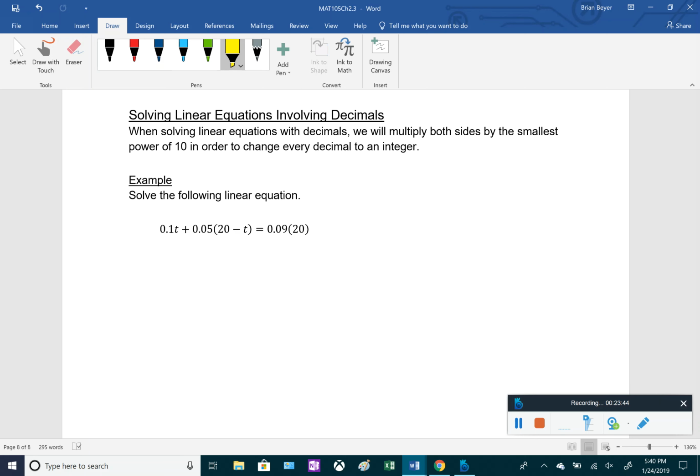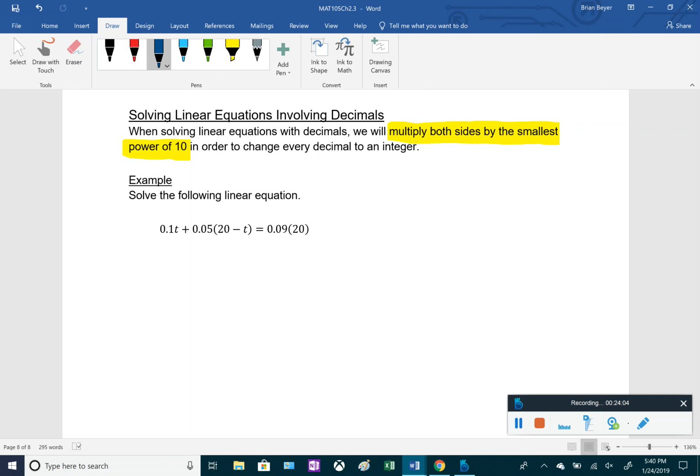Once we realize we have decimals, we're going to multiply both sides by the smallest power of 10. What this does is change every decimal to an integer. So it's going to get rid of the decimals just like we got rid of the fractions in the previous ones. Let's see what I mean here.